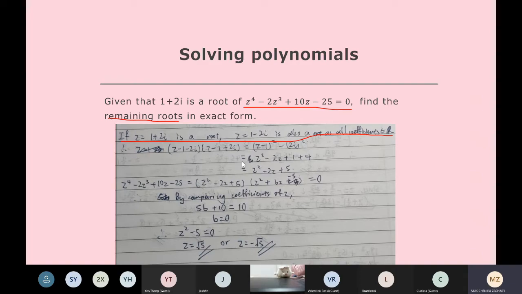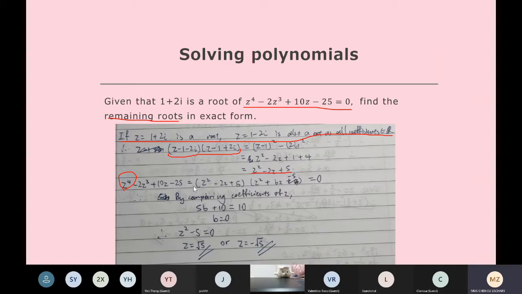Okay, next, what I did was, given that I've got 2 roots already, I will just expand them to get a quadratic form. Then because these 2 are roots of the original equation, I'm just gonna make it, and then you see that the highest index is 4, you have a z to the power of 4.